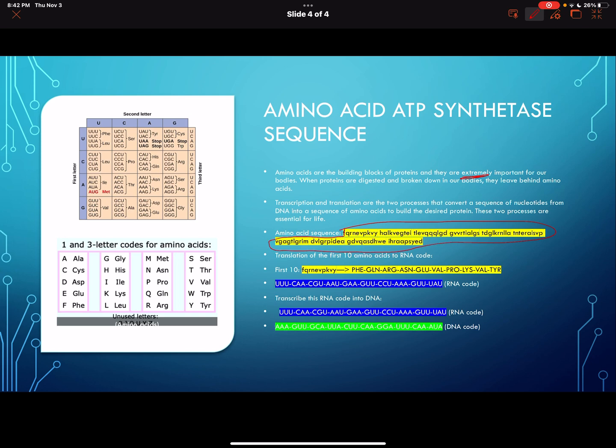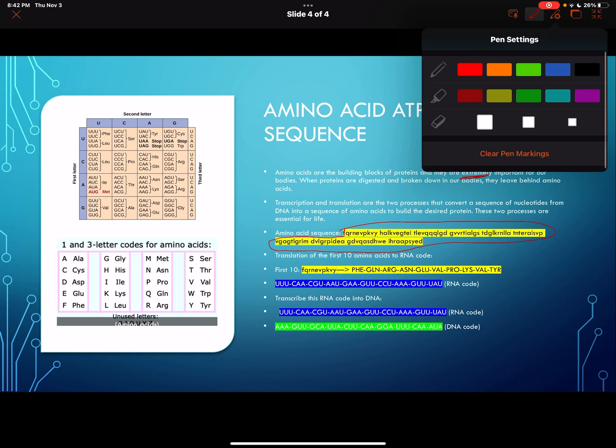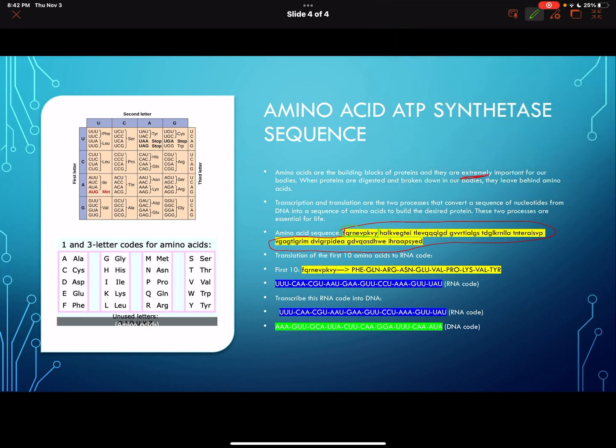And we want to translate the first 10, which is right here, into an RNA code. To translate into an RNA code, we want to look at this table, the 1 and 3 letter code for amino acids. So, we want to look at the first letter, which is F, and match it to what the 3-letter code for the amino acid would be on the table.